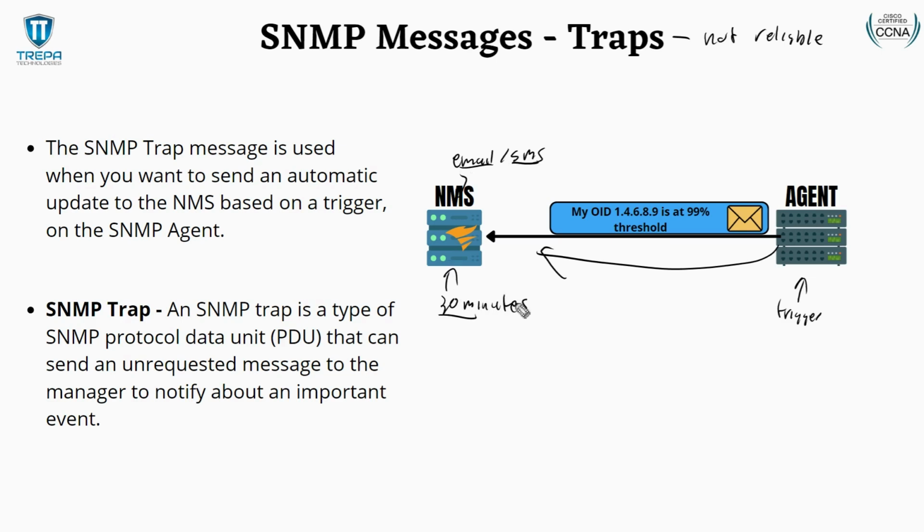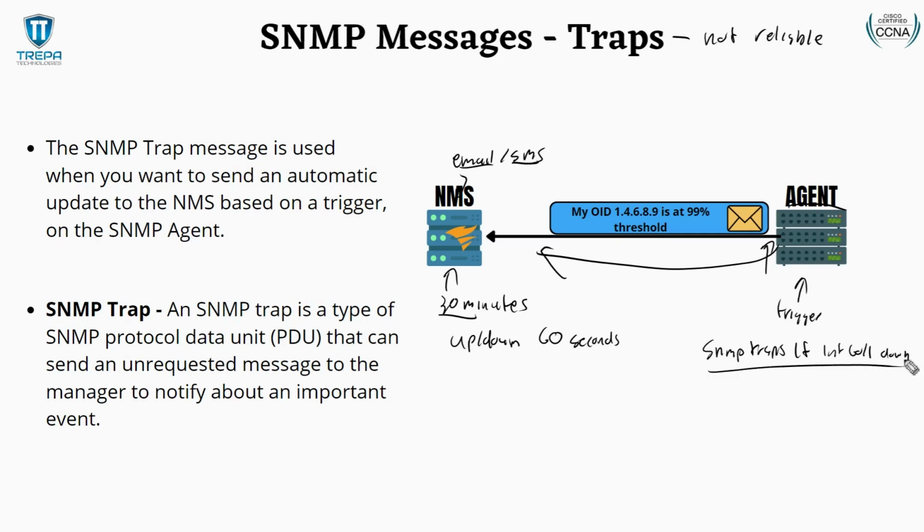So if for some reason this interface goes down, and we're only polling for the up and down status of an interface every 60 seconds, and maybe this is just a software limitation on our NMS, maybe we want to learn about that sooner. So what we can do on this agent is set up an SNMP trap message to be sent if interface gig 0/1 goes down. Okay? So that's what a trap message is.